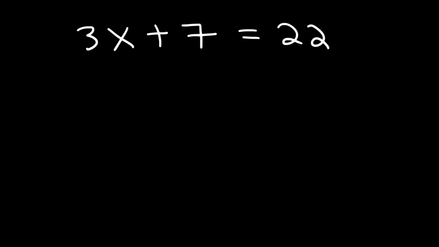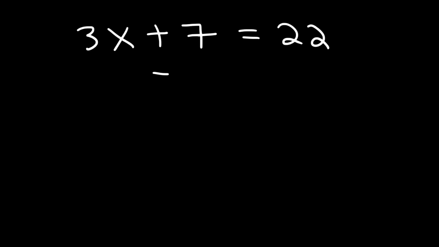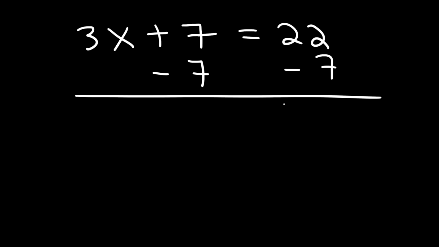I recommend getting rid of the 7, not the 3, in the first step. Because if you try to divide by 3, you need to divide every number by 3. And 3 doesn't go into 7 nicely. So it's easier to subtract both sides by 7. Whatever you do to the left side, you must also do to the right side, in order that the value of both sides of the equation remain the same.